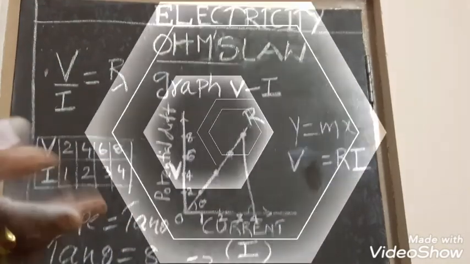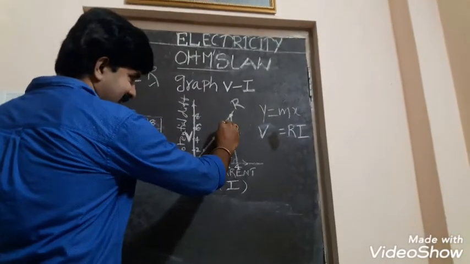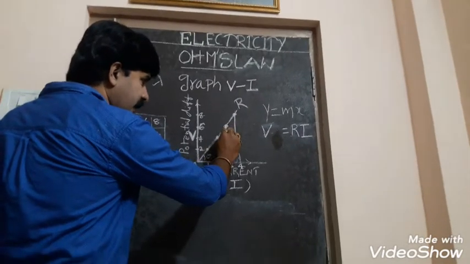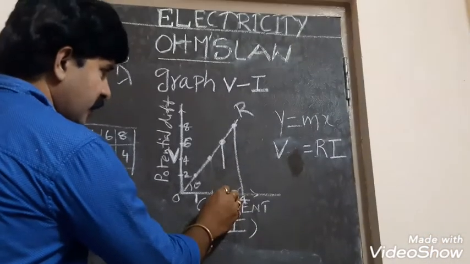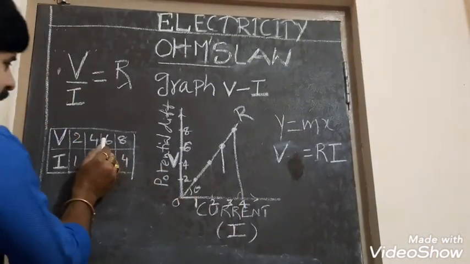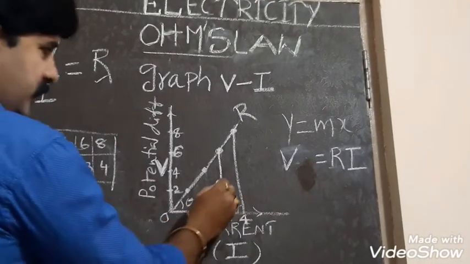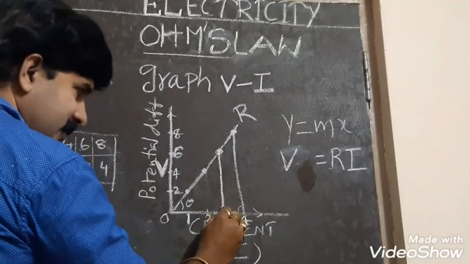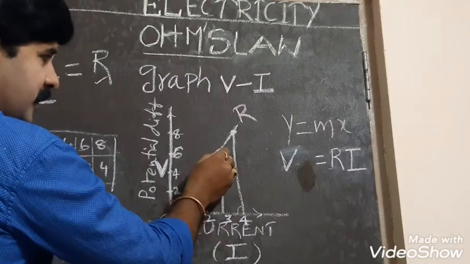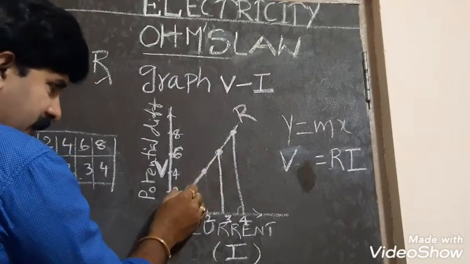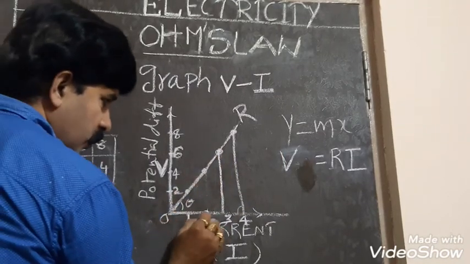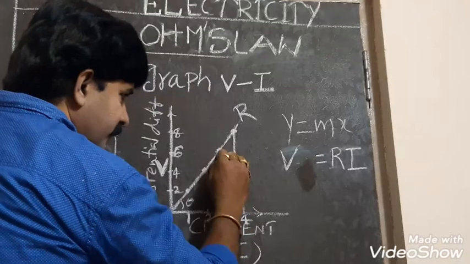Now, let us consider another triangle by taking the third point, that means potential difference 6 and current 3. At this instant, how much resistance is offered, we will calculate now. So now you consider this triangle.